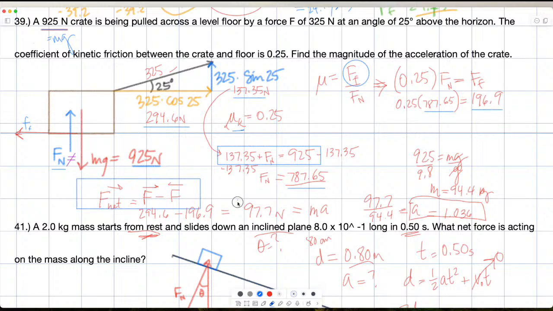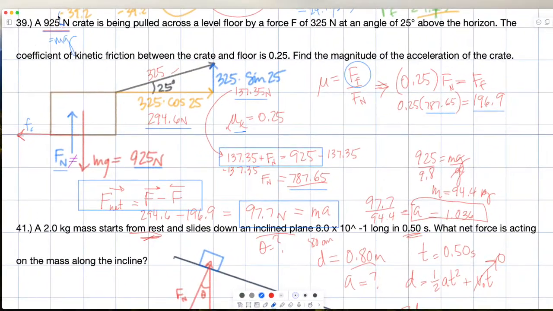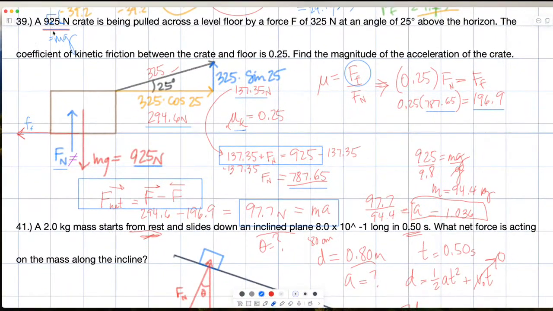That's equal to ma, which is Newton's second law. So we take 97.7 newtons divided by the mass. And how do we get the mass? Well, 925 was the given, mg.